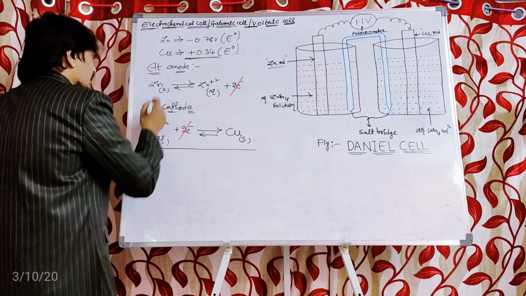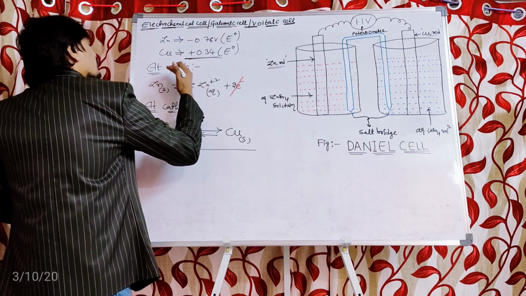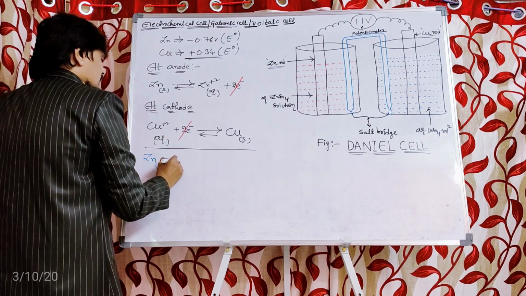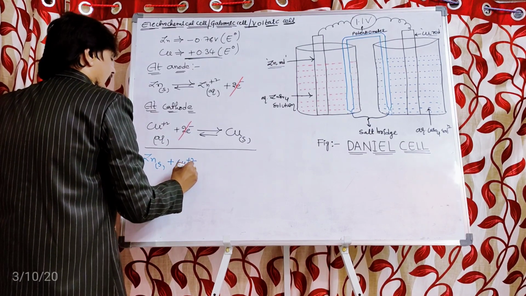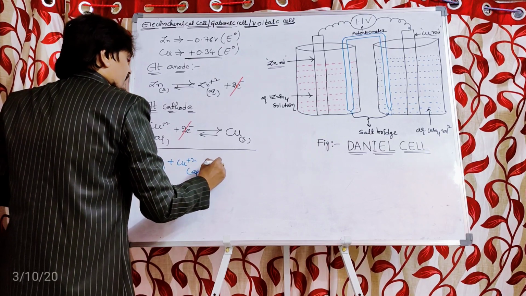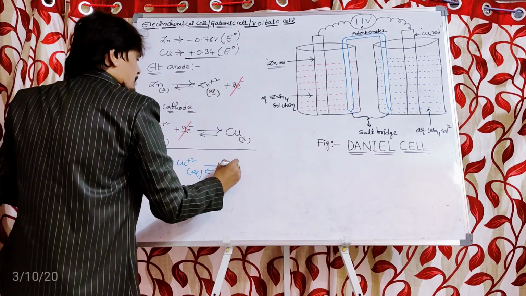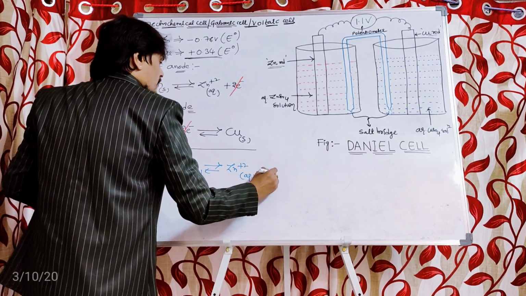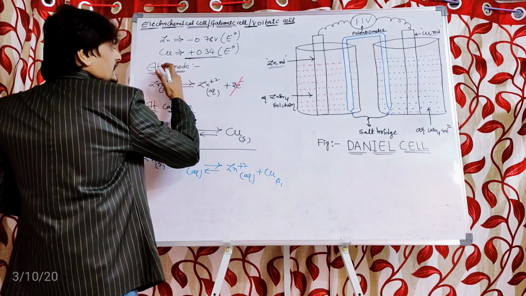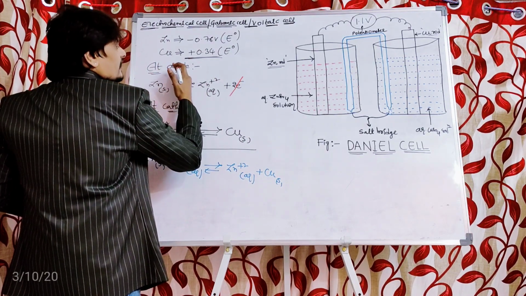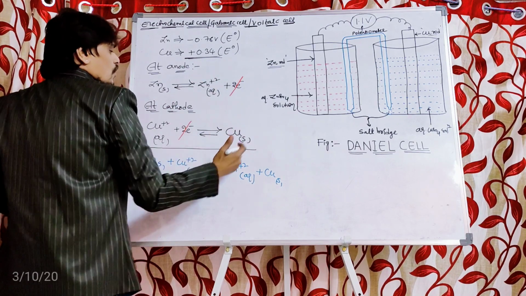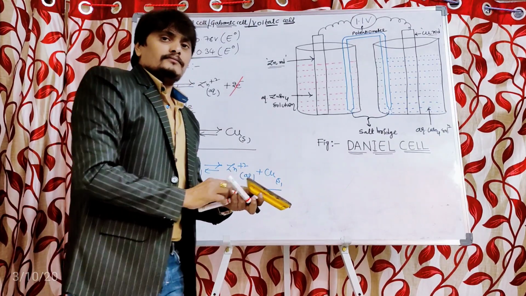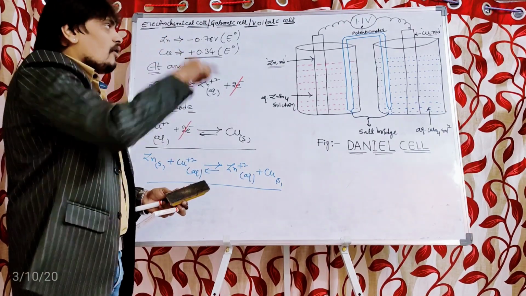That is, Zinc solid plus Cu2+ aqueous, giving rise to Zn2+ aqueous plus copper solid. So this is the content which remains on the left and right sides of the arrow mark. This is the overall reaction. I hope you got it.